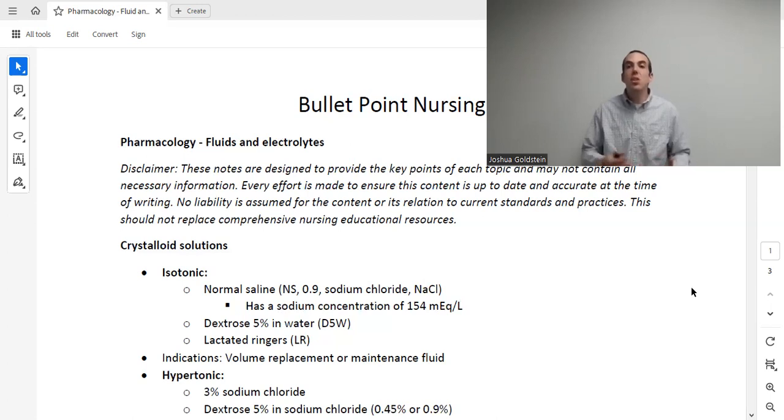All of those could give us clues that the patient is volume depleted. On the other hand, we may have a patient who has too much volume. What would be signs of that? Well, signs of that could be adventitious lung sounds where they have fluid building up in the lungs. Or another sign of that might be where a patient has peripheral edema because there's extra fluid in the body. So remember to always assess your patient before, during, and after.